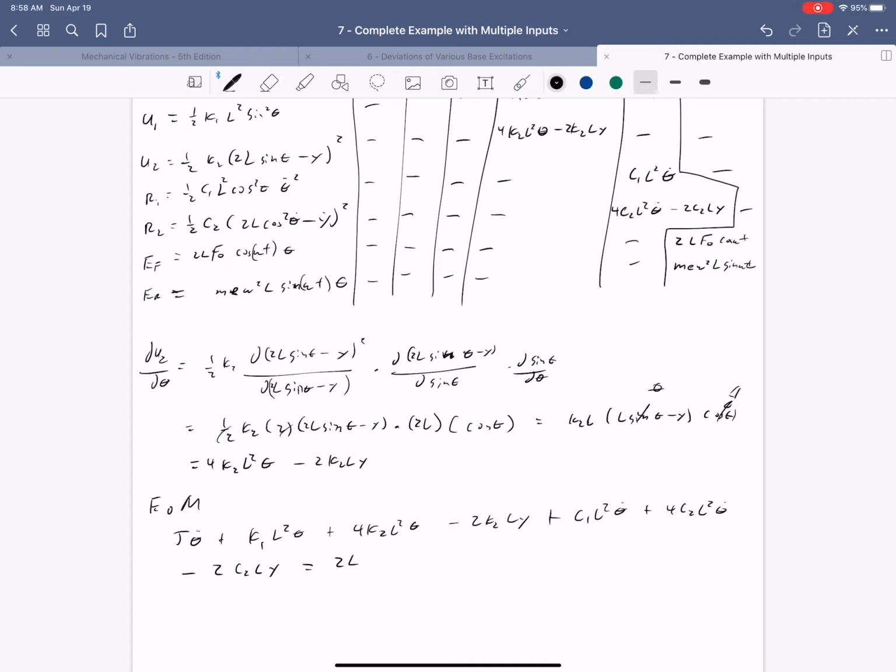So equals 2L F naught cosine ωt plus M E ω squared L sine ωt.